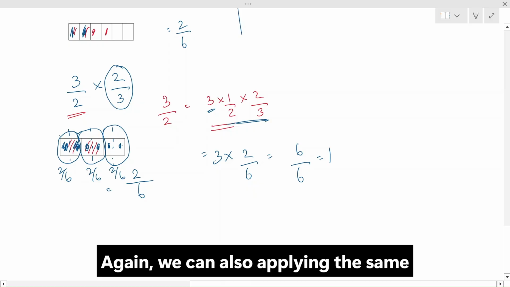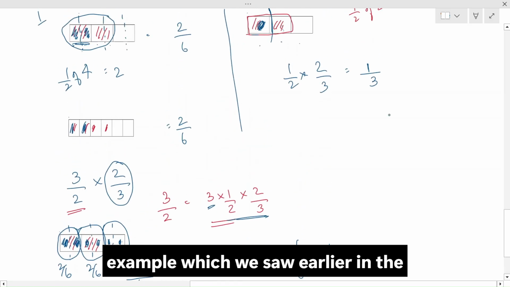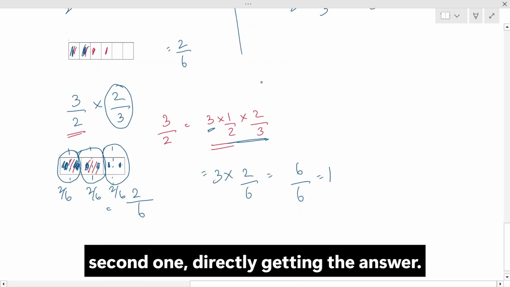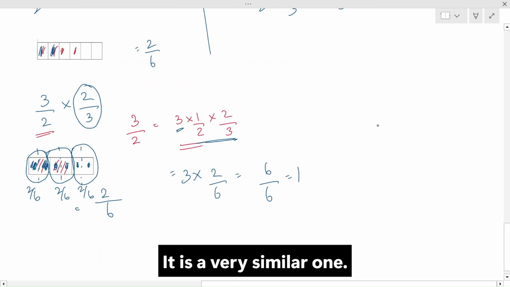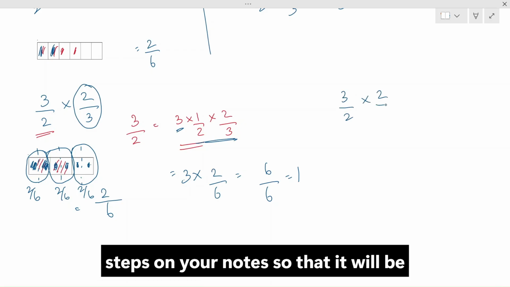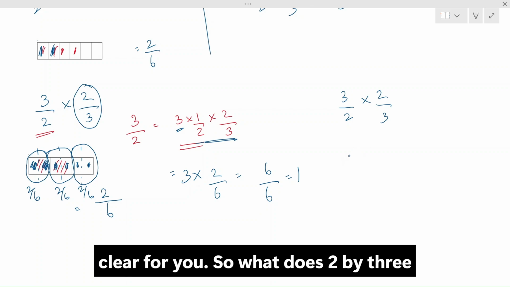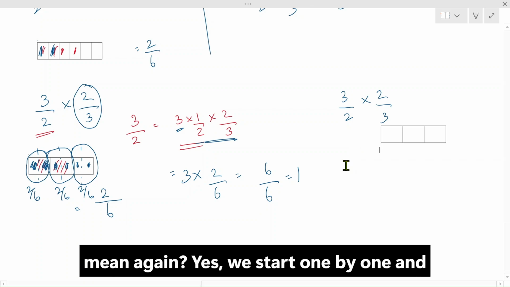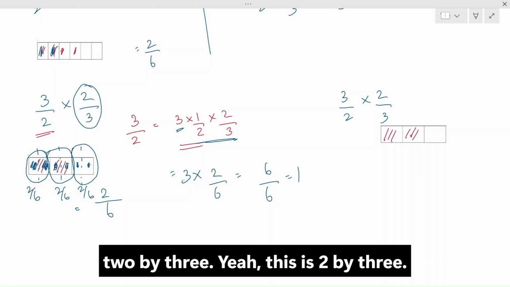Again, we can also apply the same approach which we saw earlier in the second one, directly getting the answer. It is a very similar one. Please draw along with me with the steps in your notes so that it will be clear for you. So what does 2 by 3 mean again? Yes, we start one by one with 2 by 3. This is 2 by 3.